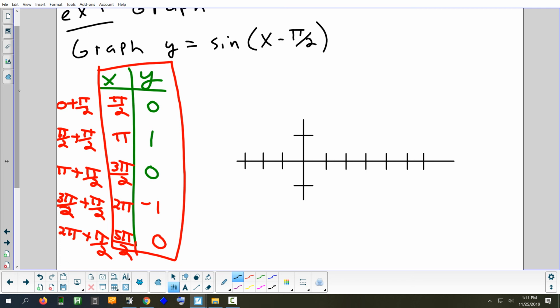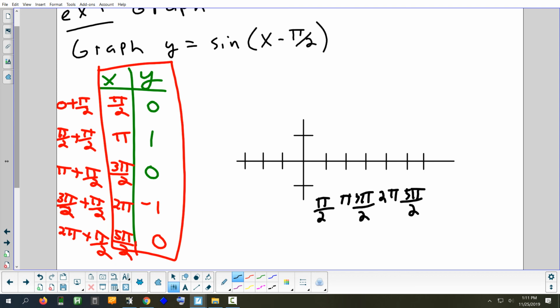I would label it like 1, 2, 3, 4, 5, 6, because these are awful decimals. Right? We don't even want to think about the decimals. So we're going to call the first one pi over 2, pi, 3 pi over 2, 2 pi, and 5 pi over 2, just like that.